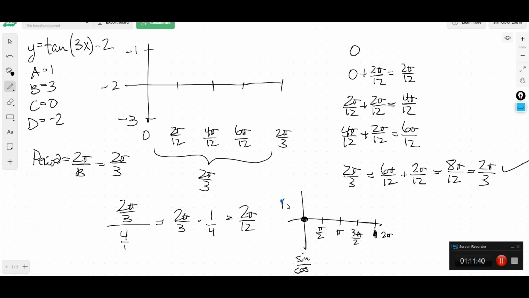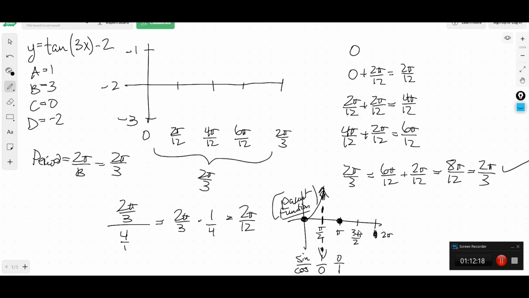Remember that I'm just doing the parent function to give me an idea of the graph. Okay. Anyway, so pi over 2. Sine of pi over 2 is 1, and cosine of pi over 2 is 0, so this is where I have the undefined. And then my graph went up here. And then at pi, sine of pi is 0 and cosine of pi is 1.